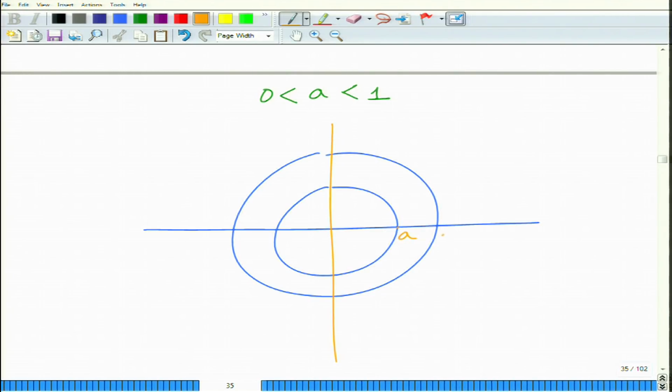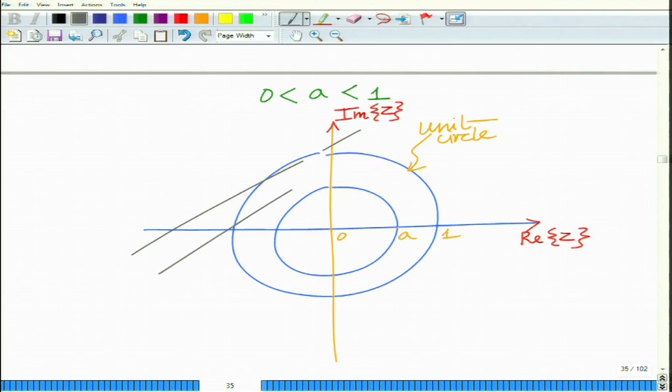So, let us say this is a, this is the unit circle, that is with magnitude 1, this is 0, okay, and this is the z plane, you can think of this as the real part of z, this is the imaginary part of z, and the region of convergence is all values of z such that magnitude of z is greater than a, which basically covers the entire region outside the circle of radius a.